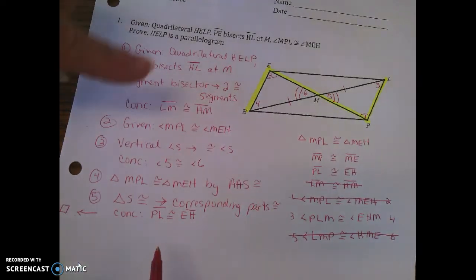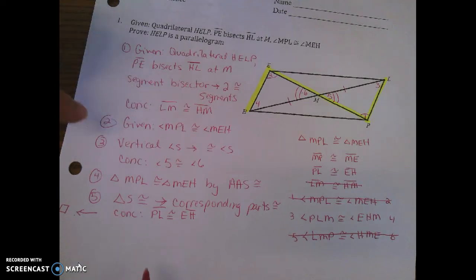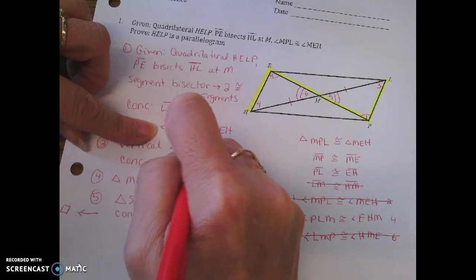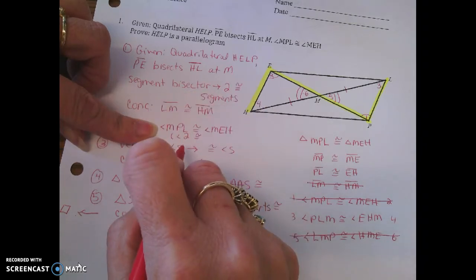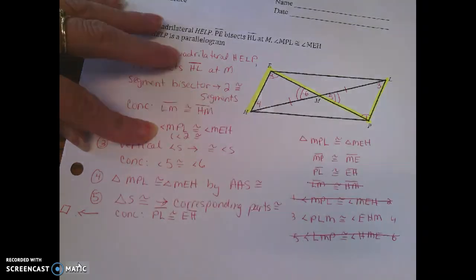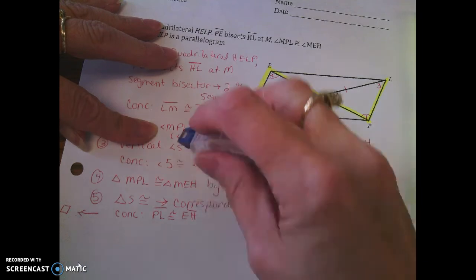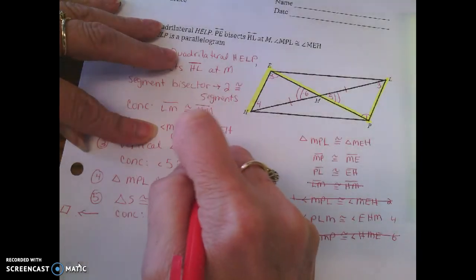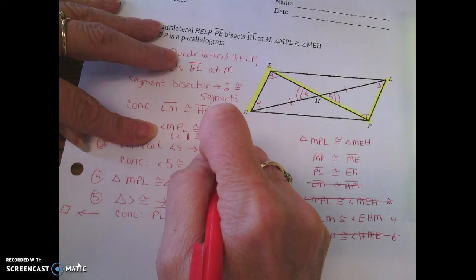Now, from, where was it here? From right here. This was my angle 2 is congruent MPL. Nope, that's my bad. That was actually angle 1. That was angle 1 was congruent to angle 2 right here.